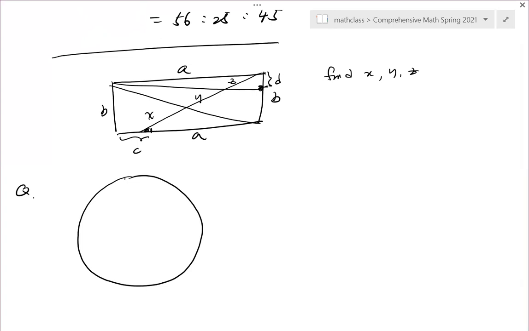So this is a circle, and I have a point P here, and the distance from the center is 9. The radius is going to be 15.